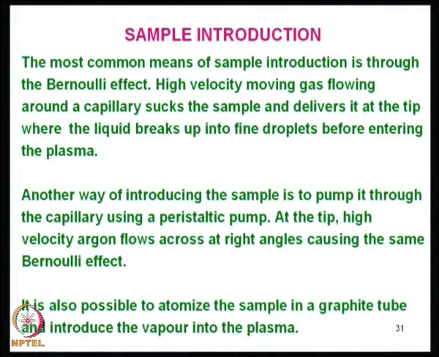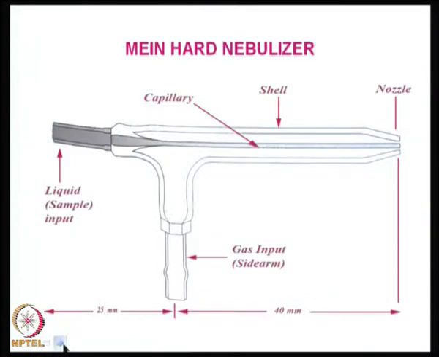So, this slide shows you the typical arrangement of the sample introduction. Now, this slide also I have shown you earlier. This is known as Meinhard nebulizer, and the liquid sample is coming here.